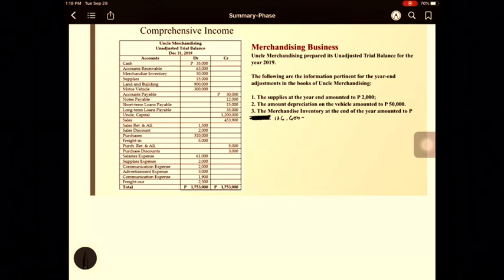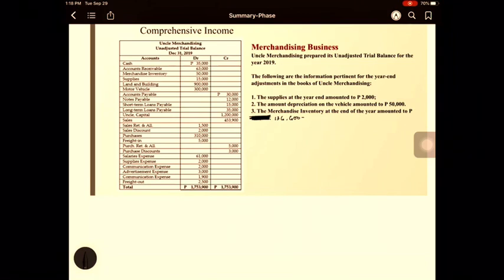Take note that the data given to us this time is an unadjusted trial balance. Okay, therefore, since it is unadjusted, there are certain year-end adjustments that we have to perform first. Alright, the amounts that you see in an unadjusted trial balance, meaning the amounts you see here, are not yet the final amounts that must be used in preparing the financial reports.